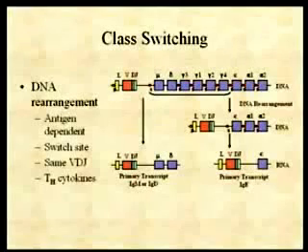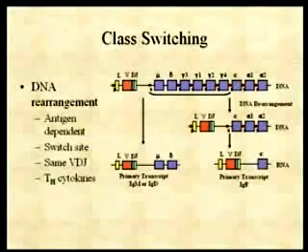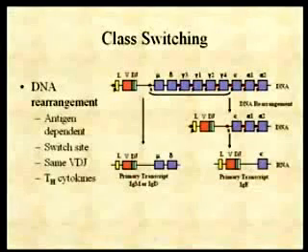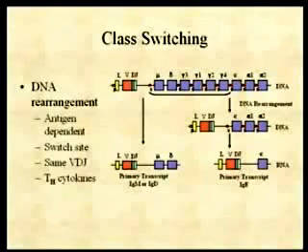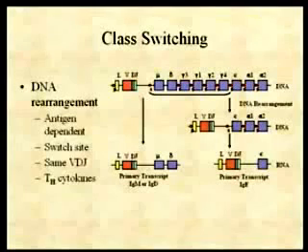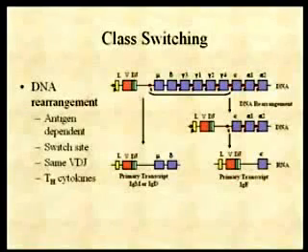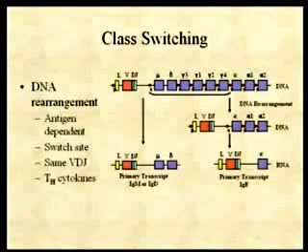And in fact, you can see that as well, that you can get subsequent switches to other classes of immunoglobulin. However, once you switch to alpha 2, there isn't anything else to switch to. That's an endpoint, right? Because that's the last one. Anytime you make a switch, remember, you're deleting out the DNA in between there. So once it switches to the last constant region, then it's not going to be able to switch again.